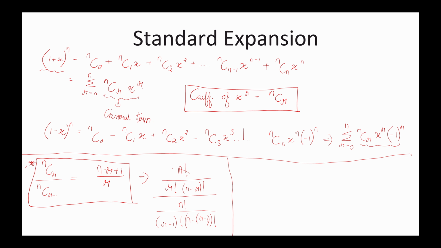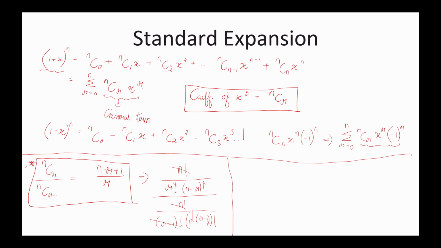So from here, of course, n factorial would cancel out, (r minus 1) factorial would cancel, and the (n minus r) factorial would simply cancel as well. So from here, what would we be left with?